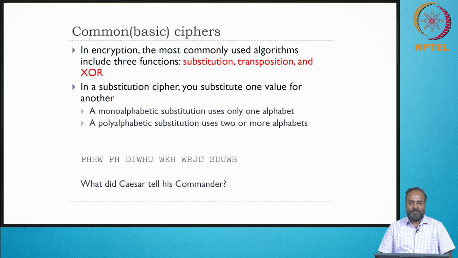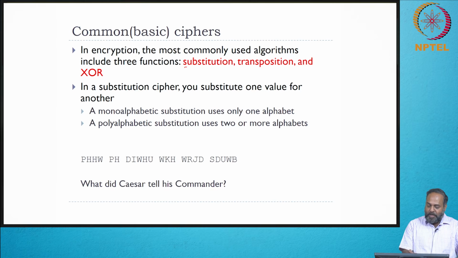This is technical. Some of you may be familiar with what an XOR gate is in digital circuits, exclusive OR. That is one type, transposition is another type, and the substitution cipher is a third type. Substitution, transposition and XOR are the three methods used in encryption. This is described in your textbook as well.